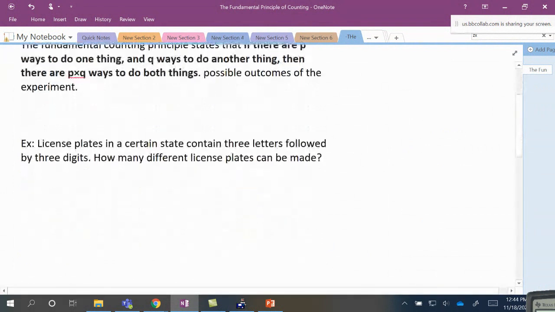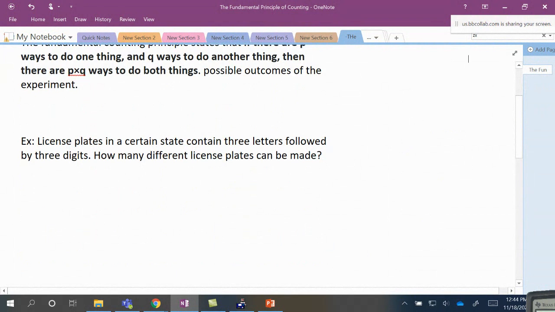Let's take a look at an example. License plates in a certain state contain 3 letters followed by 3 digits. How many different license plates can be made? The first thing we'll do is map out the license plate design. There are 3 letters and 3 digits.